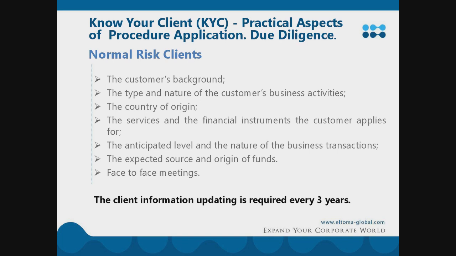Also, their anticipated level and nature of business transactions are clear, the source and region of funds of this company or client are clear, and the main rule is that you have to see this client face to face.